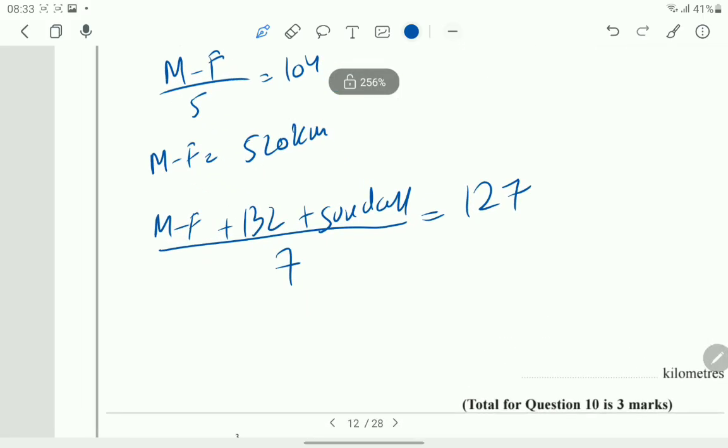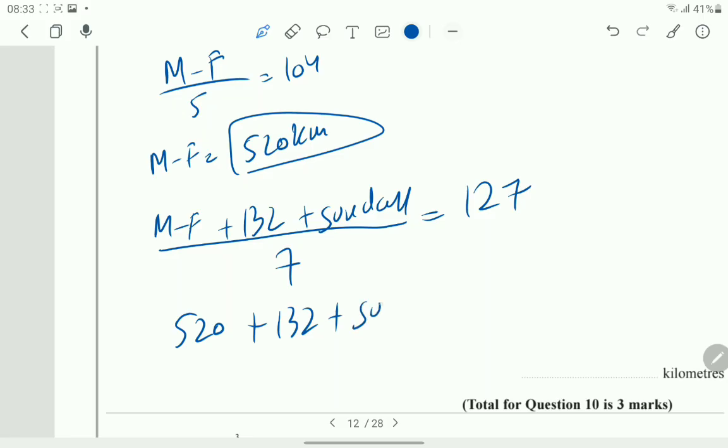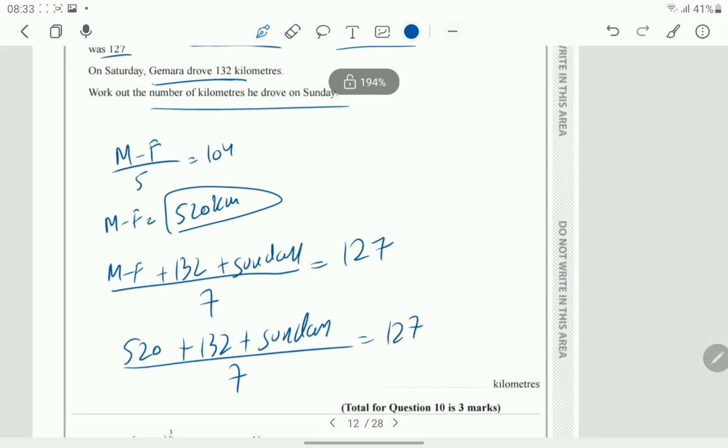And we have found out that from Monday to Friday he drove 520 kilometers plus 132 plus Sunday, divided by 7, equals 127.